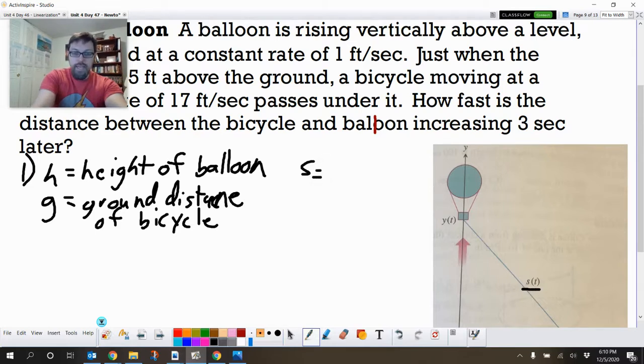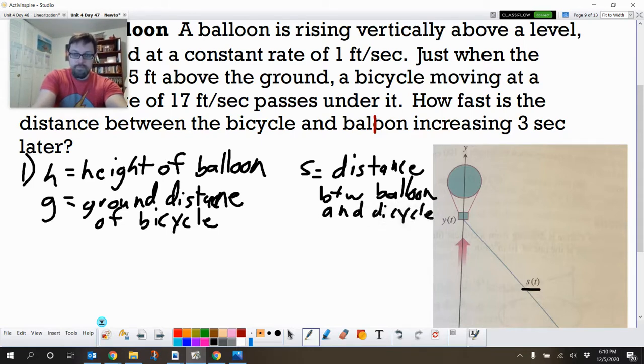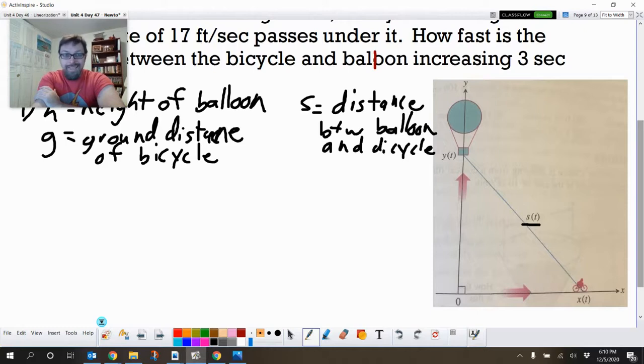S we're going to use as the distance between the balloon and bicycle. Those are our major players. Okay. And they were kind enough to make a drawing for us. Oh, that's so nice of them.